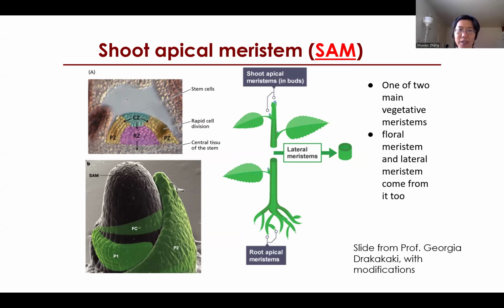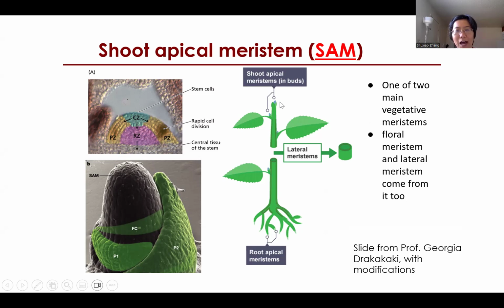And all of this comes down to the meristem at the very tip called the shoot apical meristem. We tend to call it SEM for short because shoot apical meristem is kind of a mouthful. It's one of the two main vegetative meristems in the plant, and it can also give rise to the floral meristem and lateral meristem.